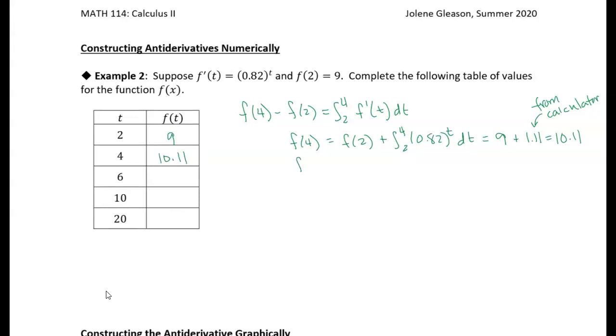I want f of 6 next, right? So I know f of 6 is going to be f of 2 plus the integral from 2 to 4. Oh, sorry, not 2 to 4, 2 to 6, because I want f of 6. I'm going to integrate the same function, dt.